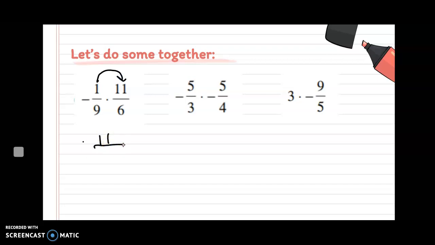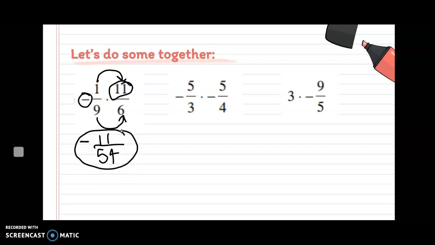And then we are going to multiply 9 times 6, and that gives us 54. And we have a negative times a positive, and that tells us that our final product is negative. 11 and 54 do not have any common factors, so this is as simple as it can get.